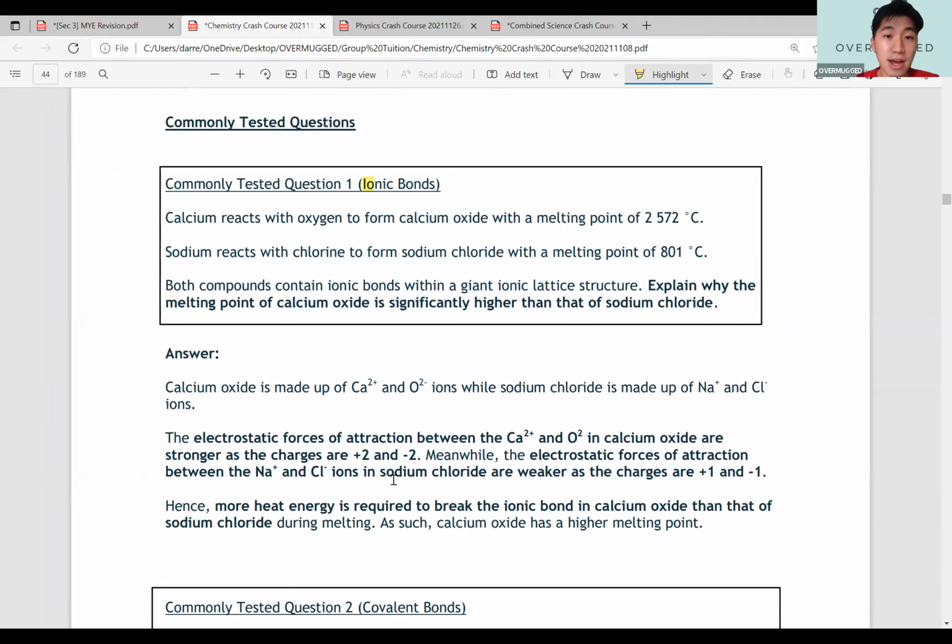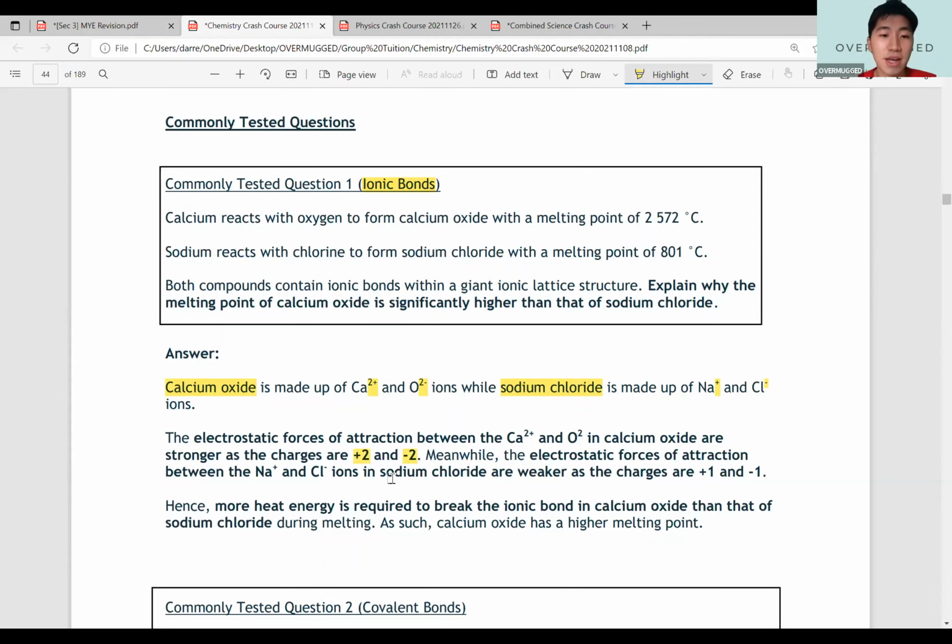If you're dealing with ionic bonds and they're asking you which one is stronger, think about it. 2 plus, 2 minus. This is calcium oxide. Sodium chloride is plus and minus. Using basic common sense, which one is a stronger ionic bond? The 2 plus and the 2 minus, right?